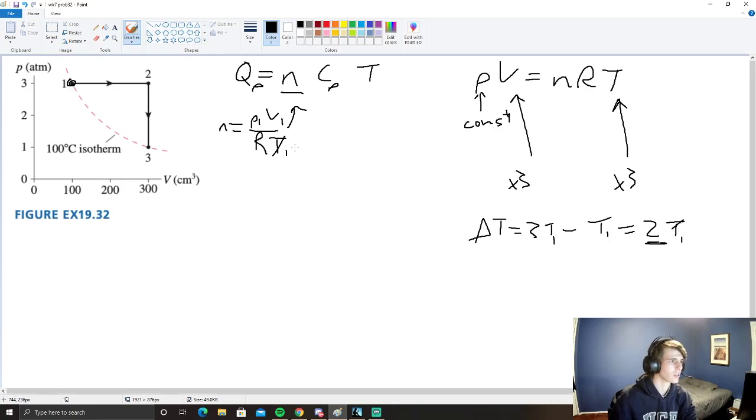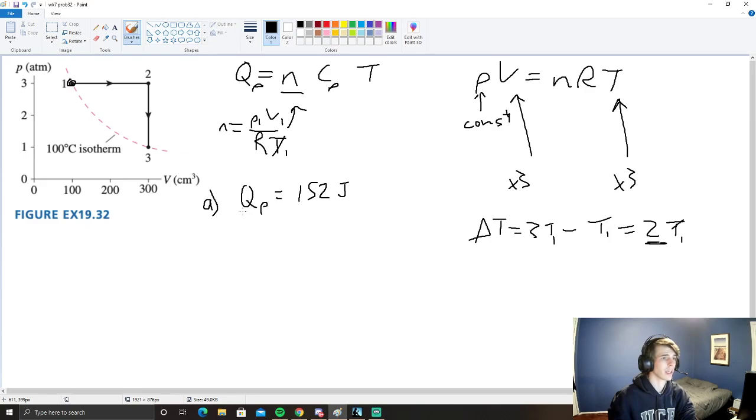That's kind of nice. You plug all that in, and I got 152 joules. There are a lot of conversions in general, so be very careful with that. That is another hard part of this problem. So that would be the answer for A.